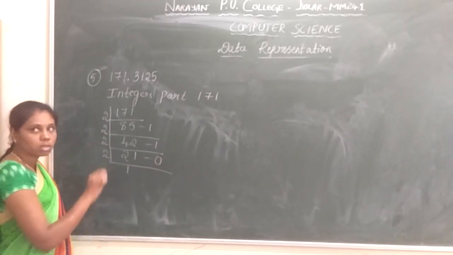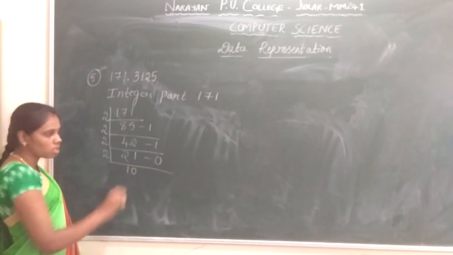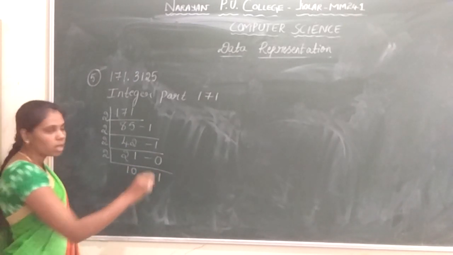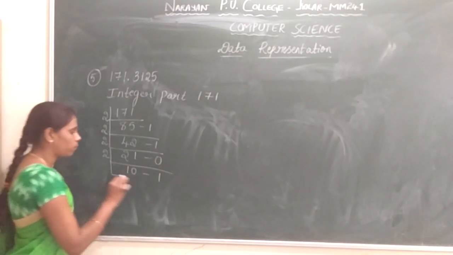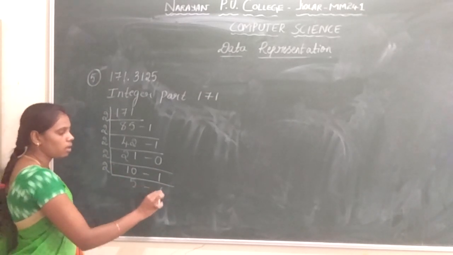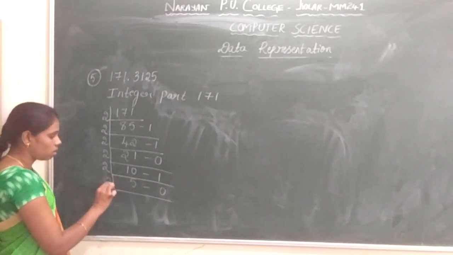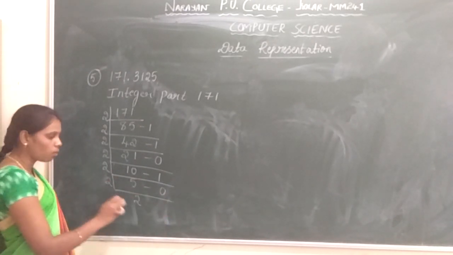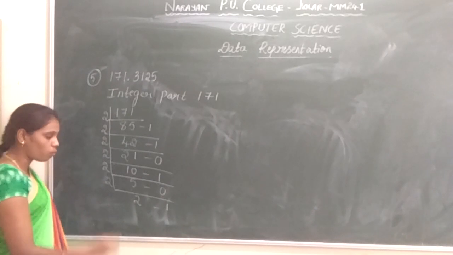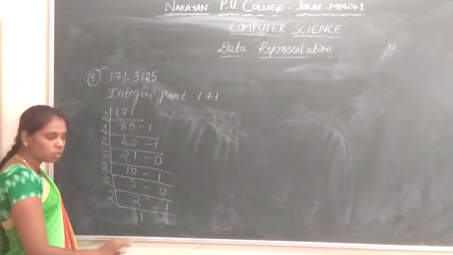So 2 1s are 2. This cannot be divided. So 0. The left out value is 1. 2 5s are 10. Remainder is 0. 2 2s are 4. The remainder is 1. 2 1s are 2.